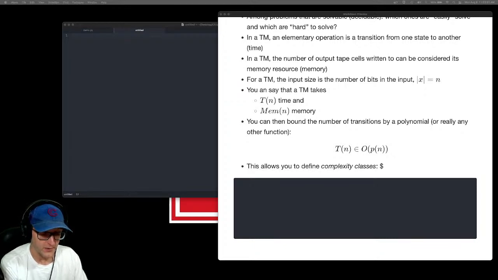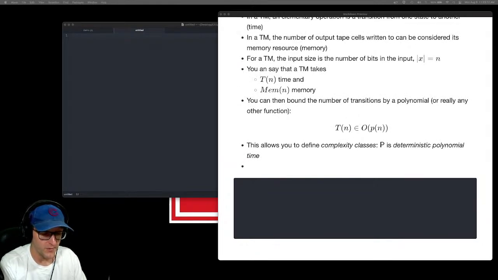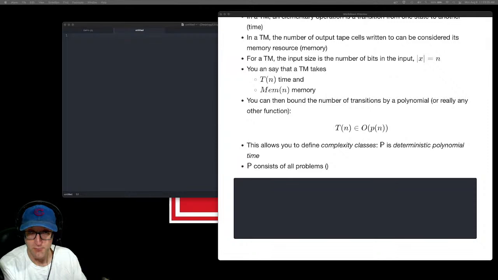In particular, P. Usually what I do is serif fonts, math SF. P is deterministic polynomial time. In other words, it consists of all problems. Remember, this is a problem class now. Remember the equivalence between problems and languages.